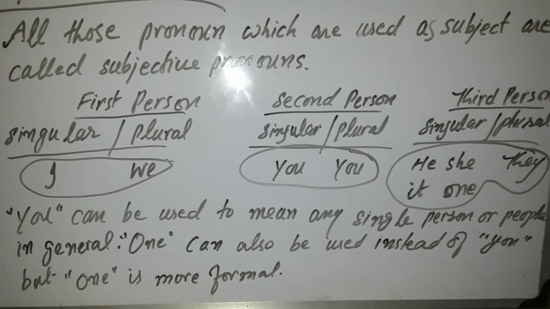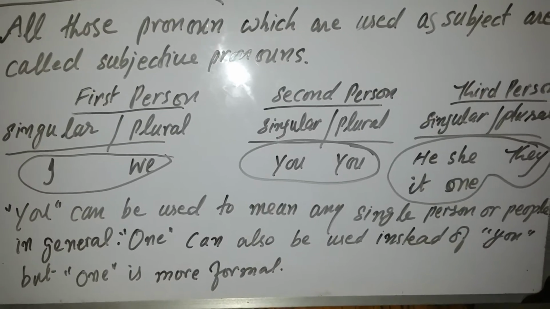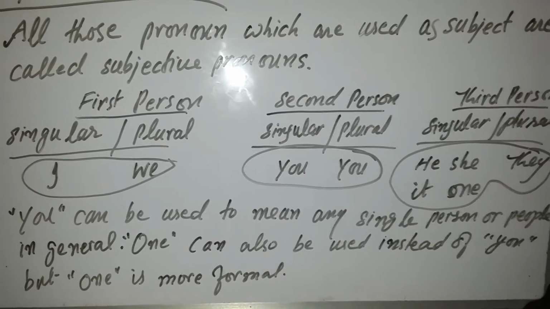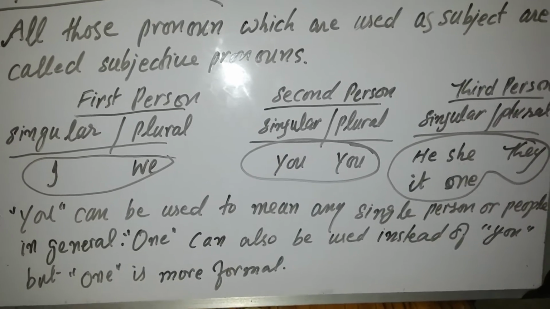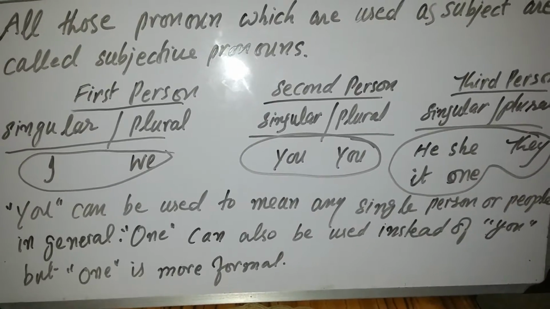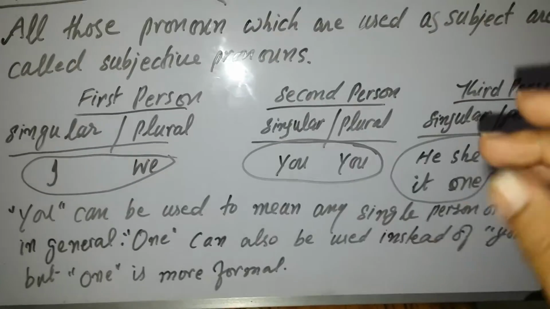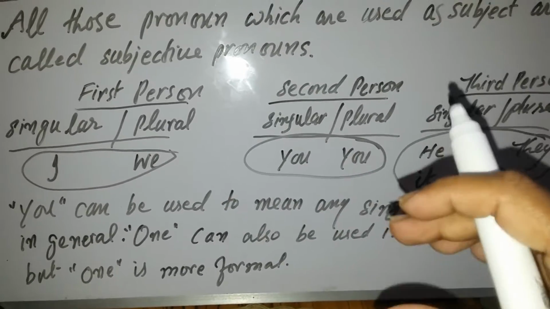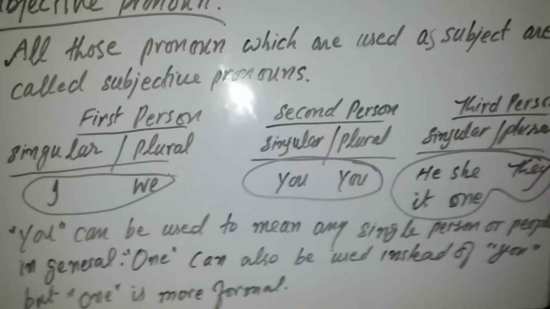Now you are using "you" as a pronoun, and you are not addressing some particular person, but you are talking in general. So "you" can be used when you are talking to a particular person or particular people, but if you are talking to people in general, you can also use "you" as a pronoun.